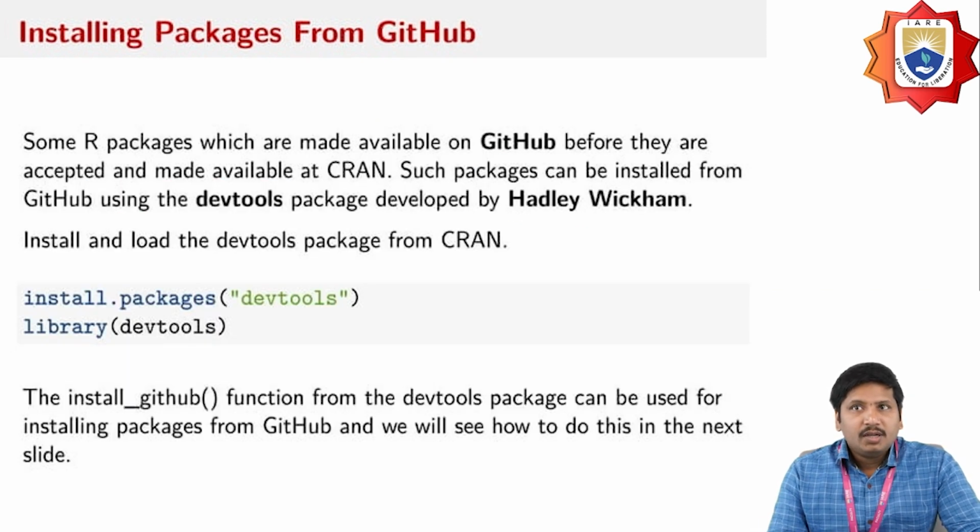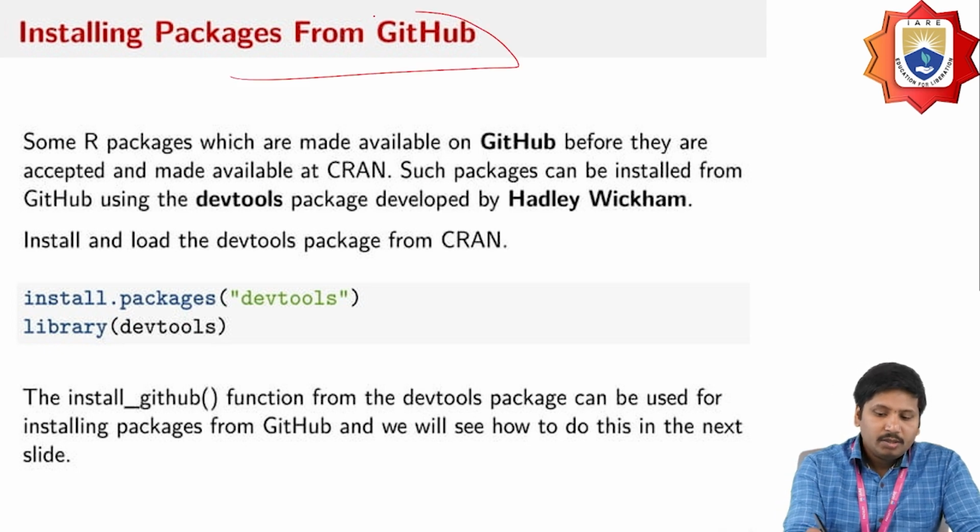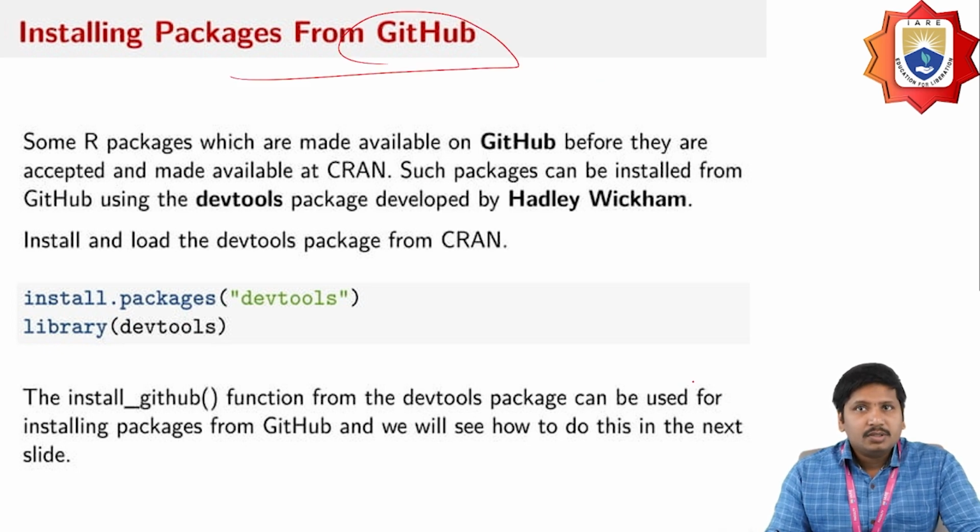And what are some other ways we can install the packages? We can also install the packages from GitHub. Some of the R packages are available in GitHub before they are made available at CRAN. Such packages can be installed from GitHub using devtools, which was developed by Hadley on GitHub.